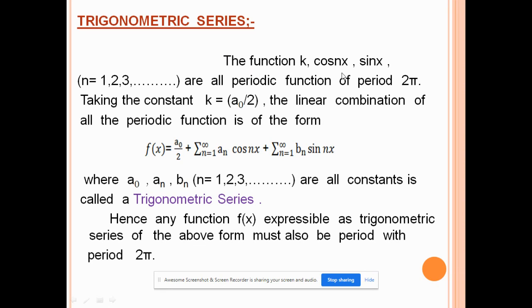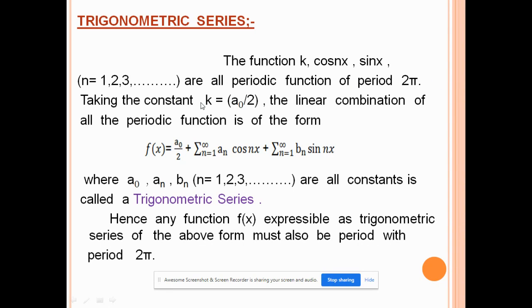Next is the trigonometric series. The functions k, cos nx and sin nx, where n runs from 1, 2, 3 and so on, are all periodic functions of period 2 pi.